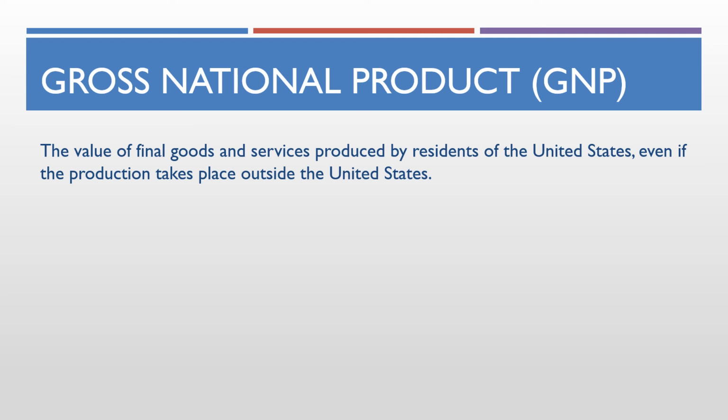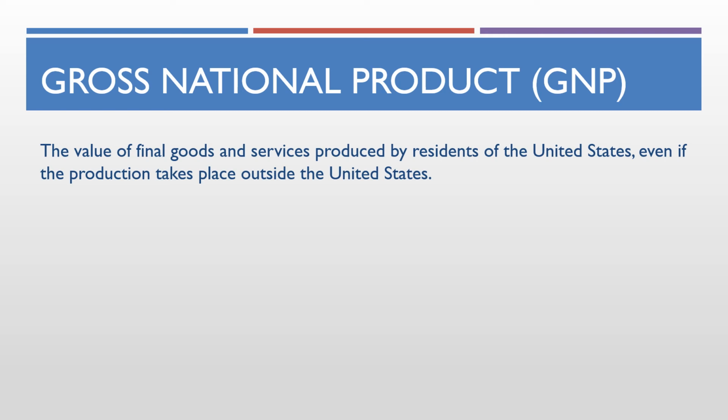Apple is a company owned by US citizens, and anything produced and sold in the market by Apple will be counted towards the GNP. However, the production of Apple taking place in China is not part of the GDP, but only counts towards the GNP.